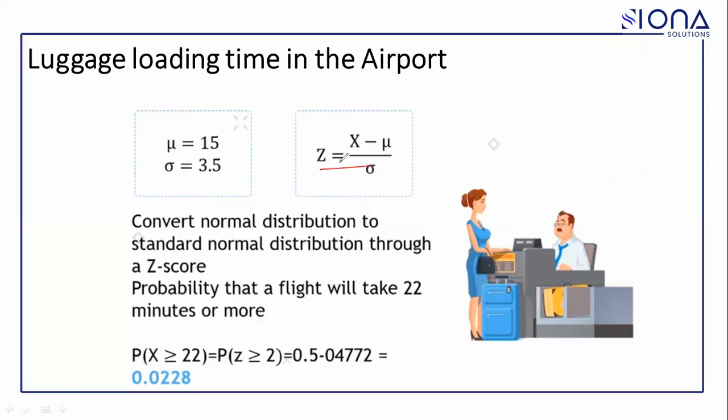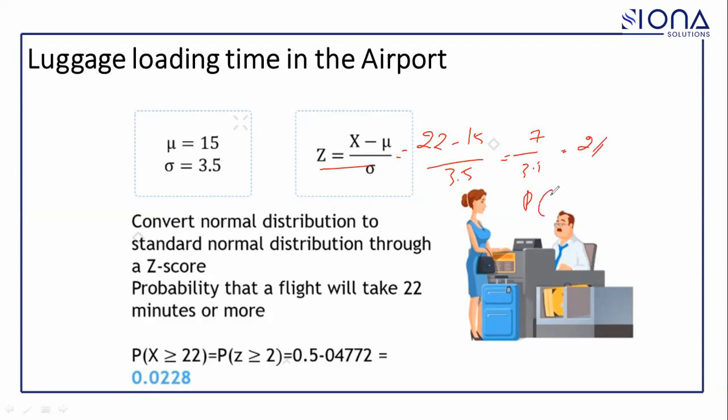How do you find the Z score? X is 22, minus 15, divided by 3.5. This will be 7 by 3.5. You get 2. Correct?